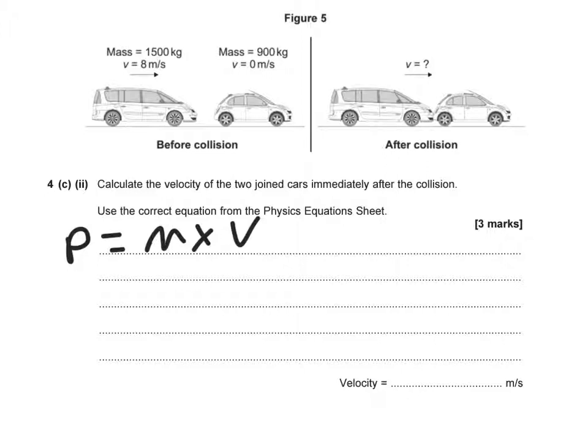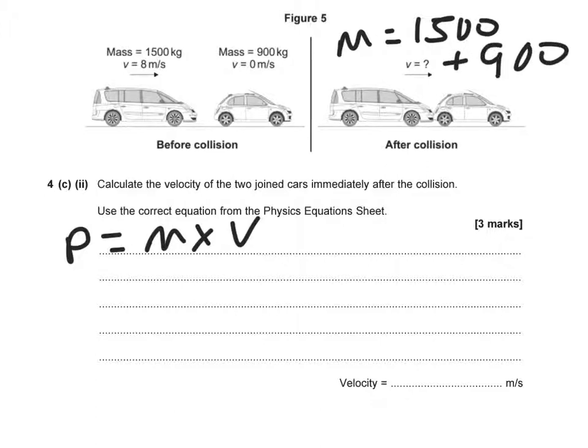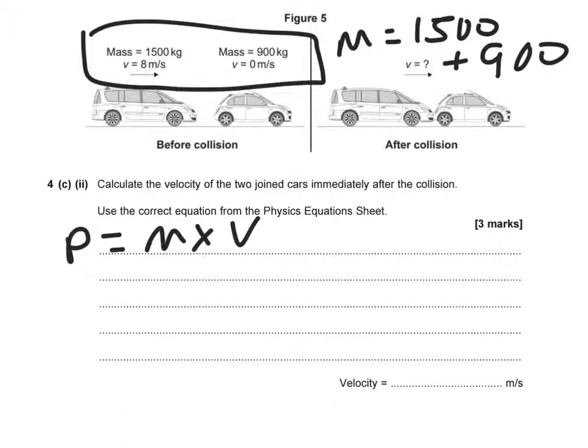The mass afterwards, because they're joined together, is going to be 1,500 plus 900. I've taken those 2 values from this before collision bit here. That gives me a mass equal to 2,400 kg. So that's my mass afterwards.